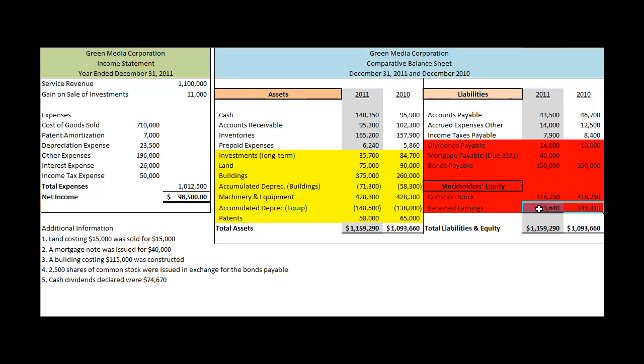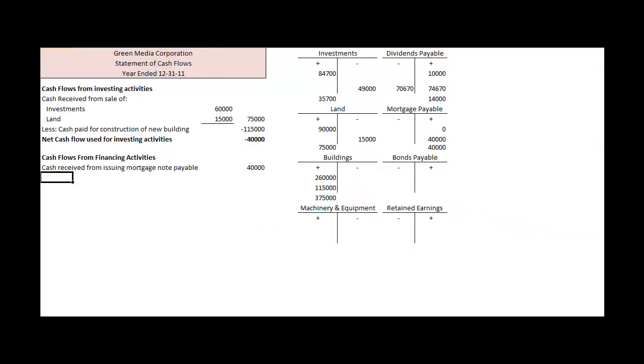We can ignore retained earnings. That's a culmination of net income and the dividends that we've paid. So common stock is a non-cash transaction. Bonds payable is a non-cash transaction. Dividends and mortgage payable are the only two financing activities that we've got to deal with on the statement of cash flows. And since we started with the cash inflow, we end with the cash outflow.